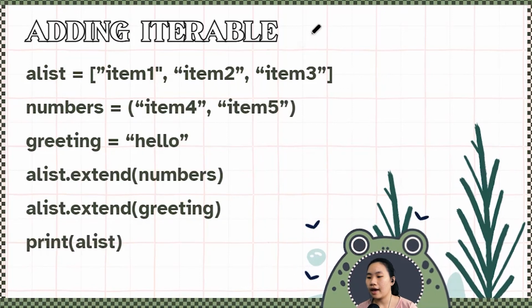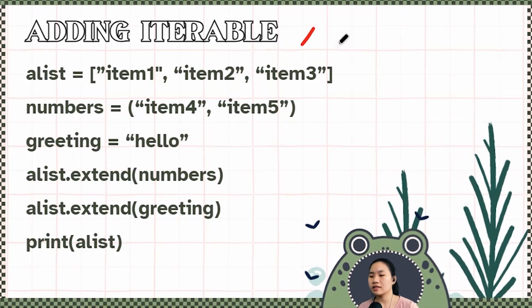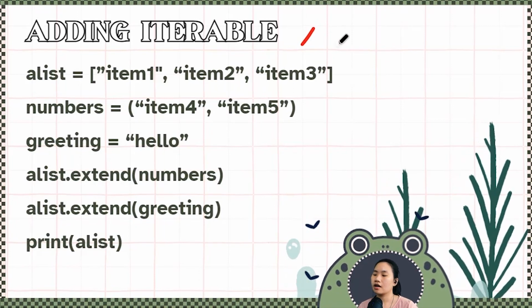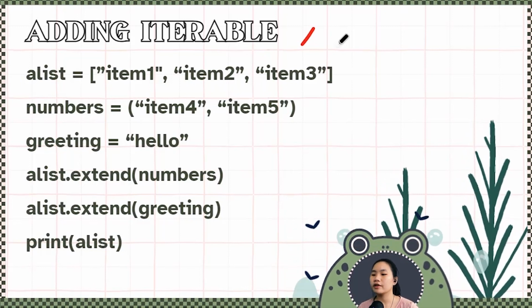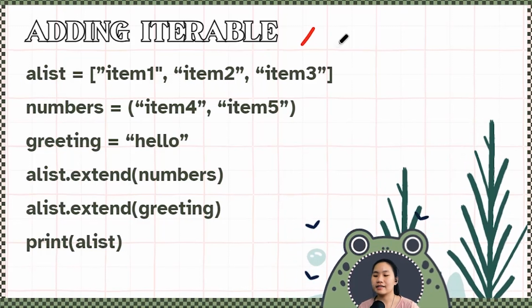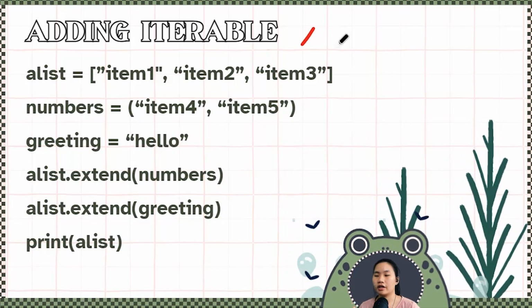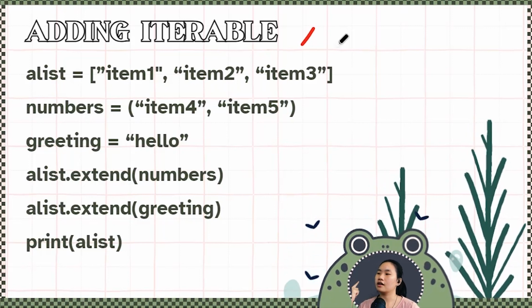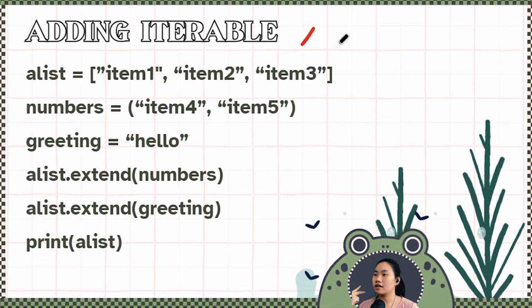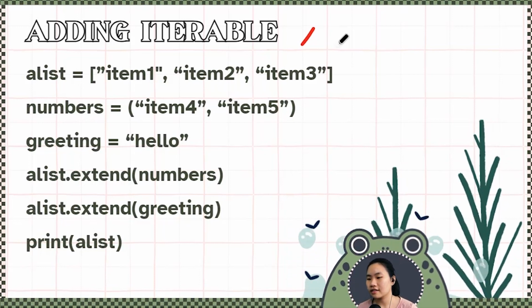Last but not least, adding iterable. What is an iterable? Iterable is data that you can iterate or loop over. Examples of iterables are lists, strings, dictionaries, tuples, the data sets arrays are all iterable.